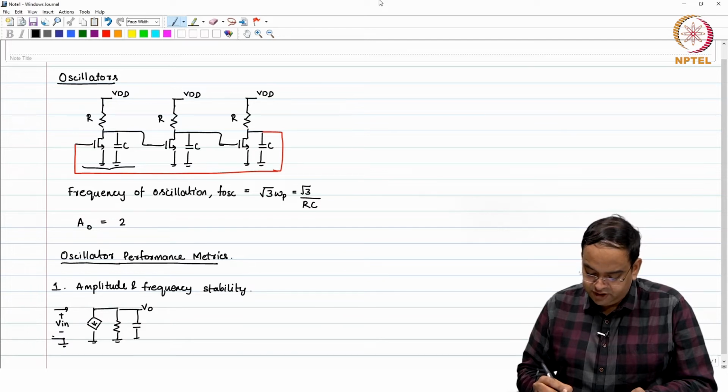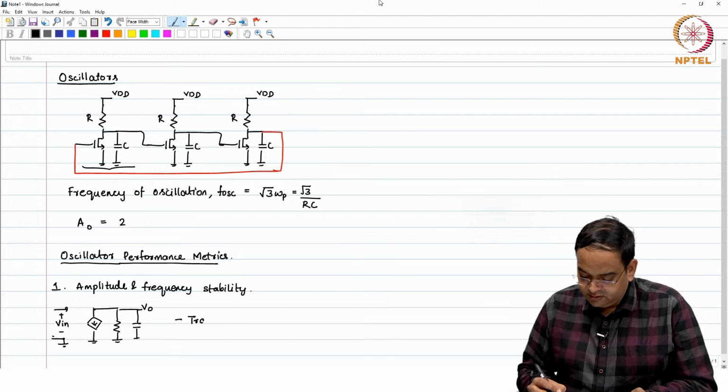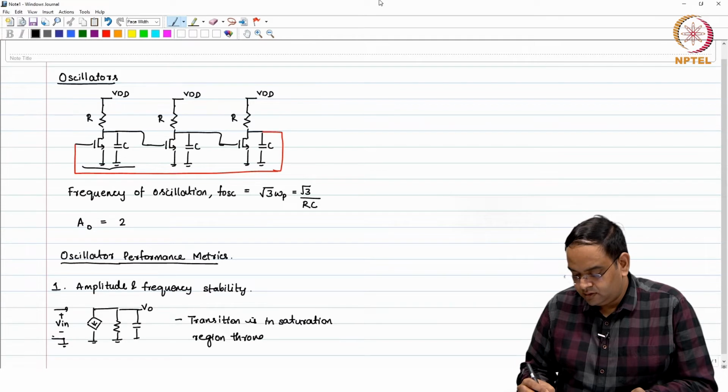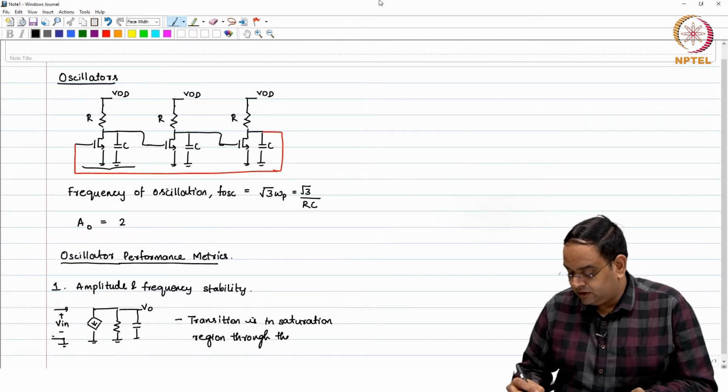So, our assumption was transistor is in saturation region throughout the oscillations.